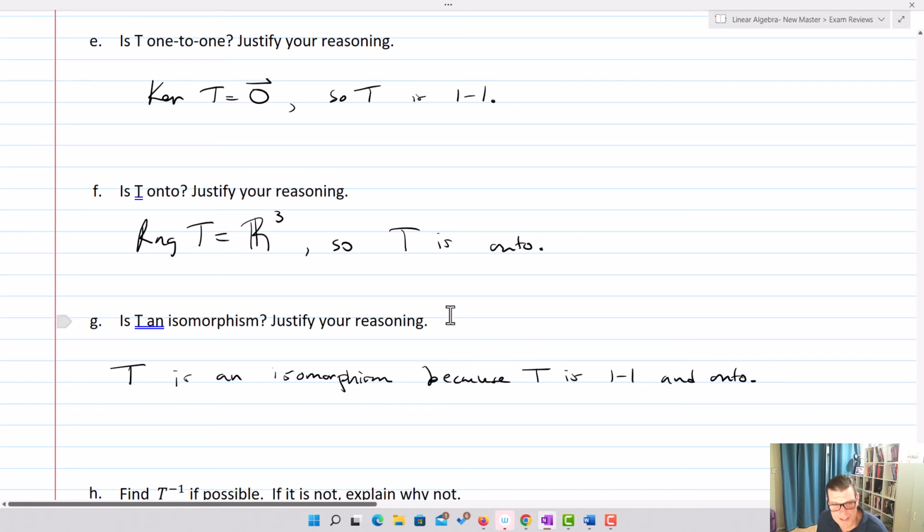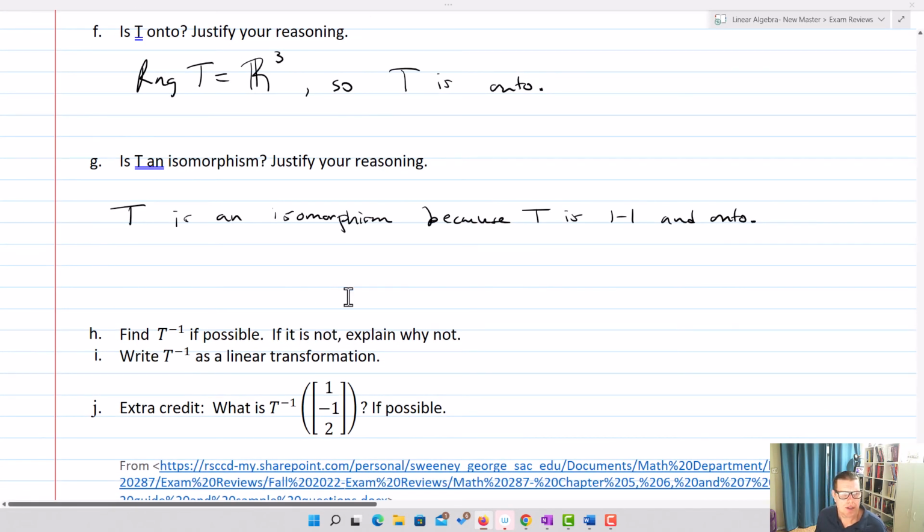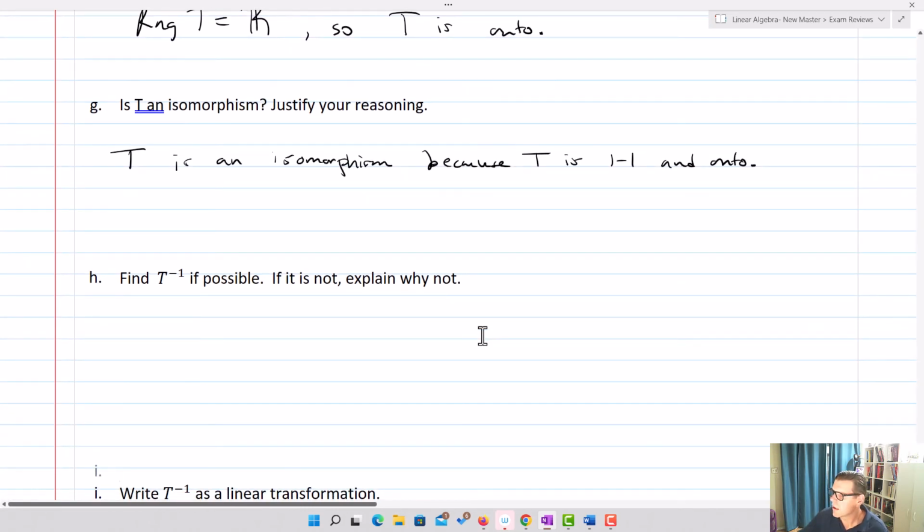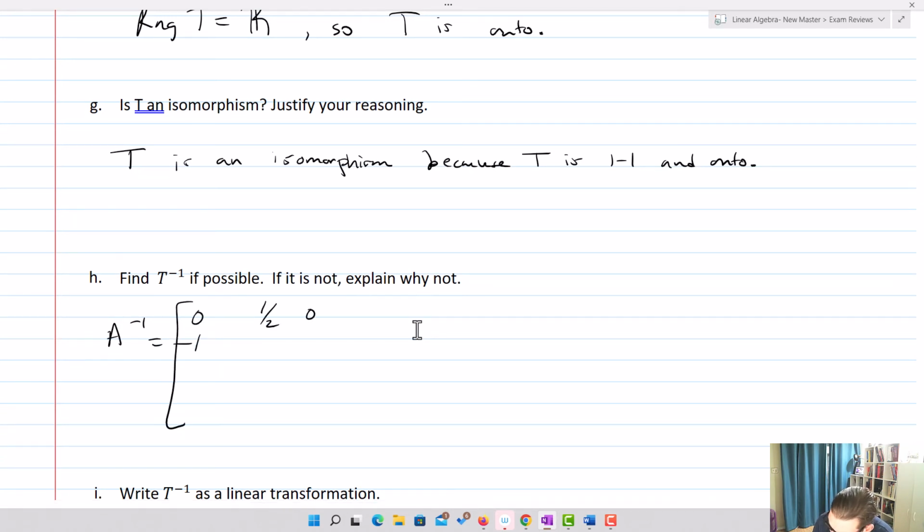So, since T is an isomorphism, we can in fact find T inverse. And so we're going to do that. I'm actually going to go in and find A inverse first. So I go in, find A inverse, and A inverse ends up equaling 0, 1/2, 0, negative 1/2, 1/4, negative 1/2, negative 3/4, 1/8, negative 1/4.